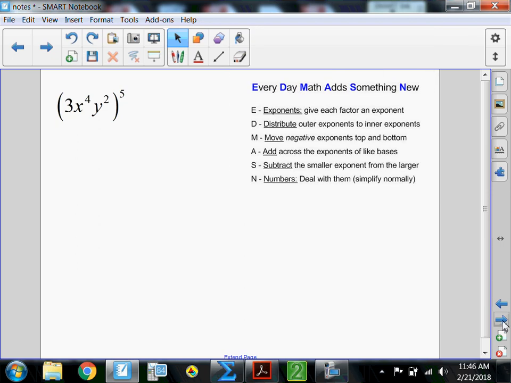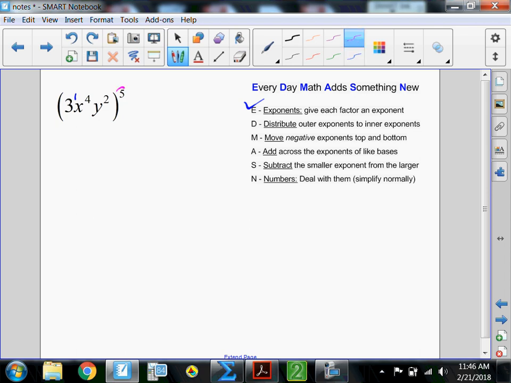Okay, every day math adds something new. The E stands for exponents. Give every factor an exponent, so the 3 needs one. Done. The D stands for distribute. Distribute outer exponents to inner exponents. So this 5 gets multiplied by every exponent, because an exponent of 5 means that it's there 5 times.